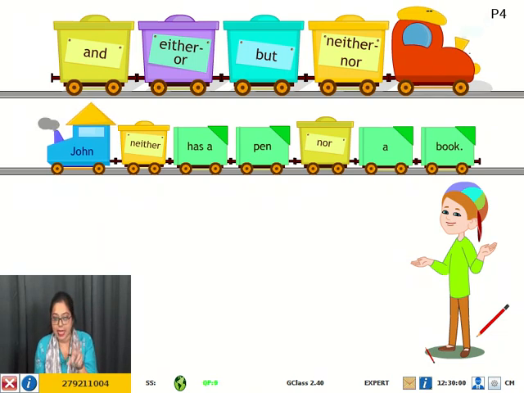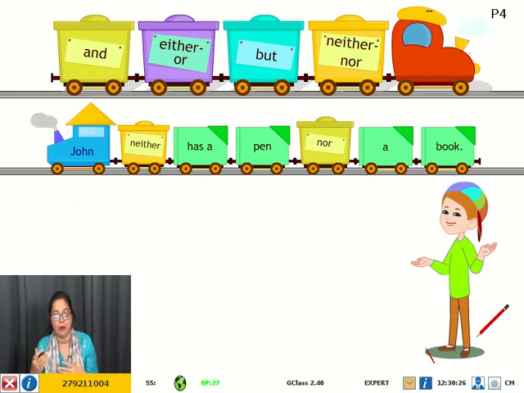In the second sentence, what did we see? When we were using "either or" as a connector, we saw that he can either have a pen or a book. But now, in the third sentence, as we are picking up "neither nor" as a connector, we are seeing that John neither has a pen nor has a book.